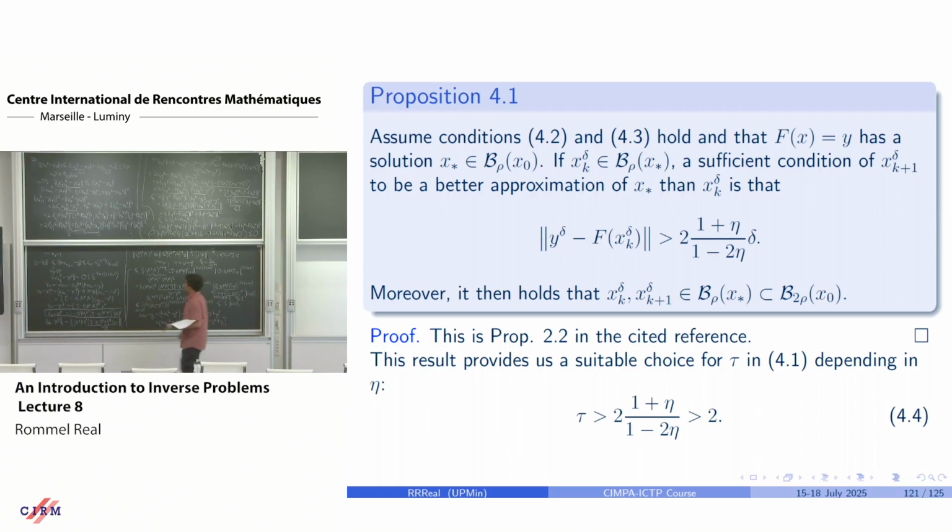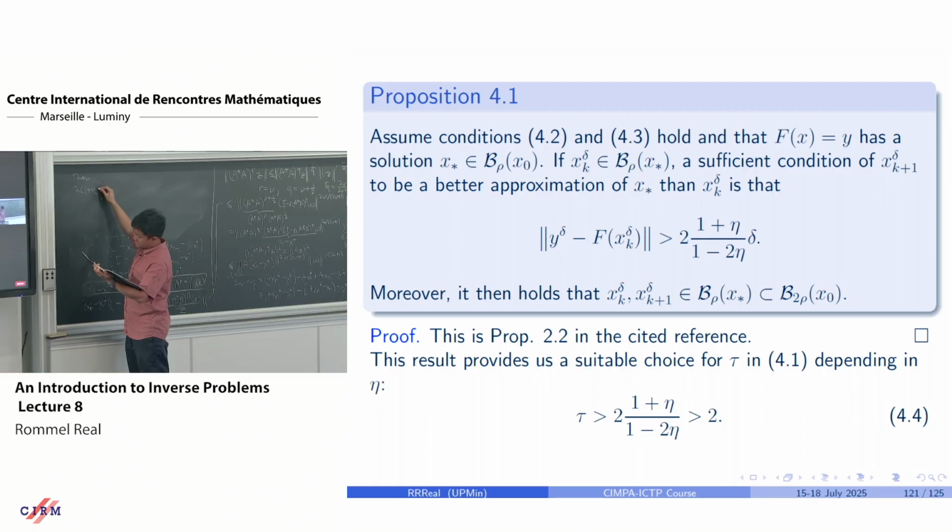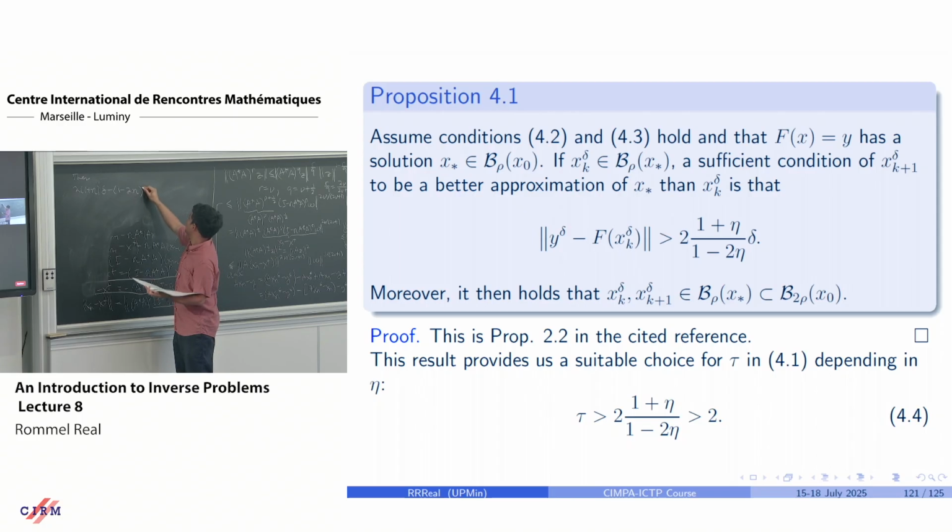And then from that, we can actually see that that factor there, that 2 times 1 plus eta delta minus 1 minus 2 eta must be less than 0.